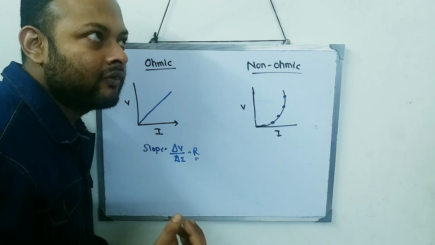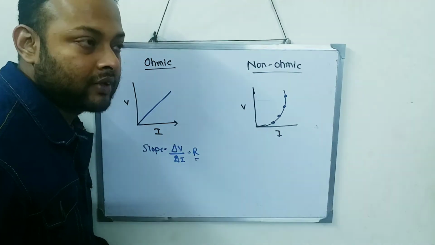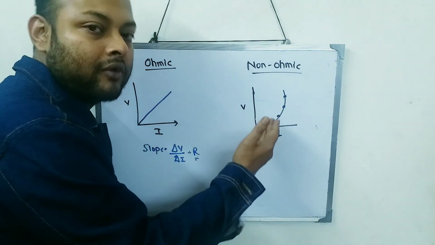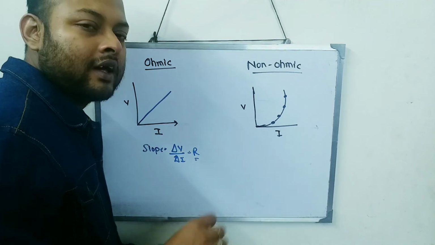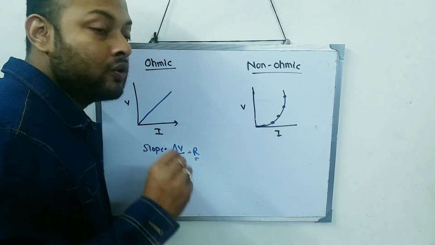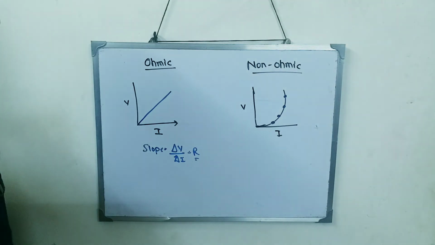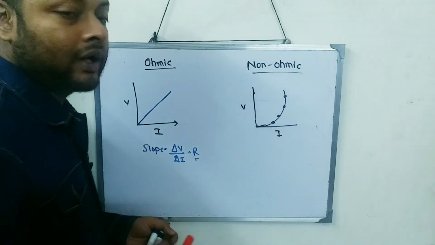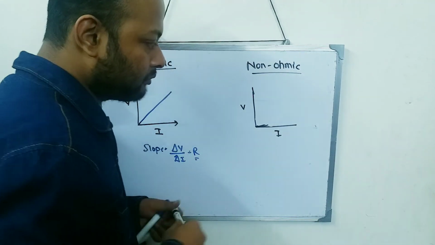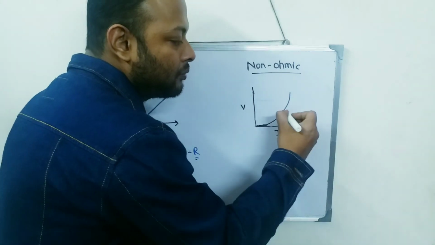So as I cannot give any particular answer, is it possible to find the resistance? Think, because slope is equal to resistance. If I cannot get the slope of this graph, can I get the resistance? Technically, you cannot get the slope of the entire graph, but you can get the slope at a particular point. So suppose I have a graph like this, and somebody asks me what the slope is at this particular point.